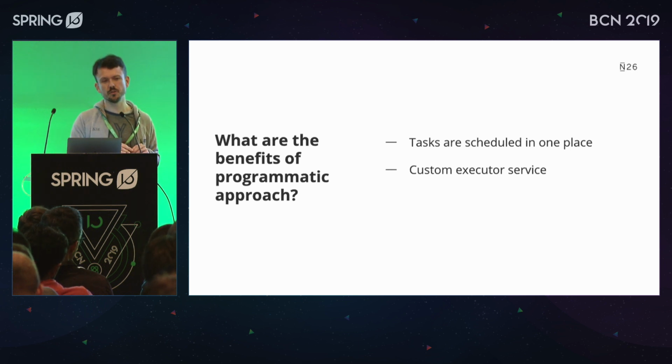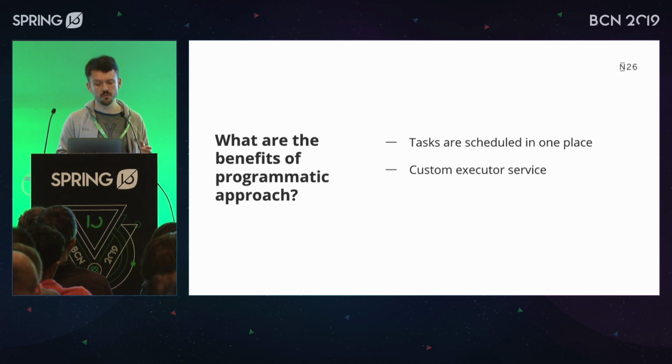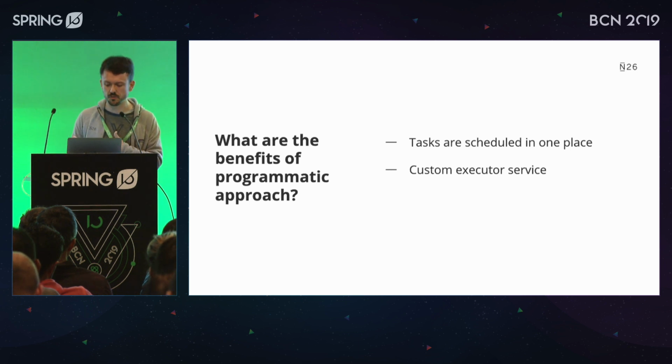Only with the programmatic approach can you create your custom executor service that should run the tasks in the background. And when the application grows, maybe you have a lot of tasks running in the background, especially tasks that take a lot of time, and maybe you need multiple threads to process them. With the @scheduled approach there is only one thread. So if you have this problem, you need to switch to a programmatic approach.